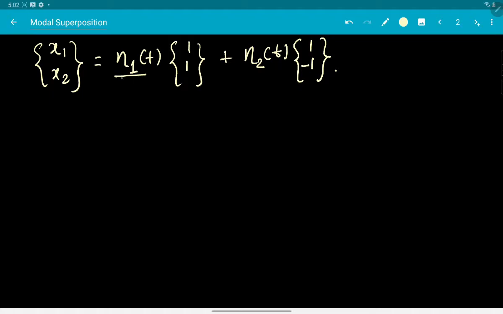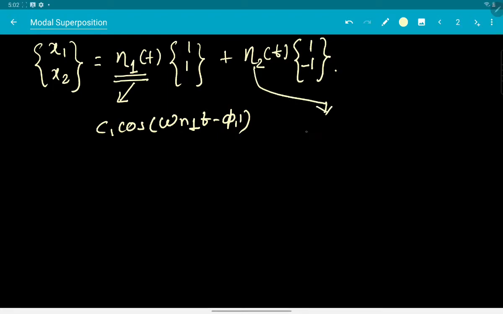Eta 1 is equal to c1 cosine of omega n1 t minus phi 1, and eta 2 is equal to c2 cosine of omega n2 t minus phi 2.